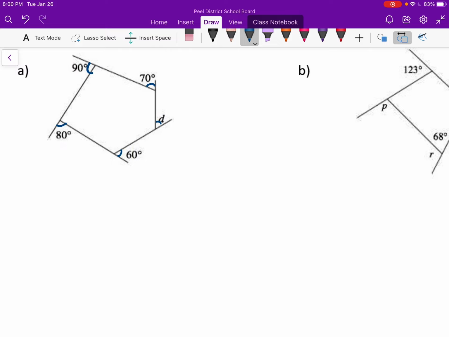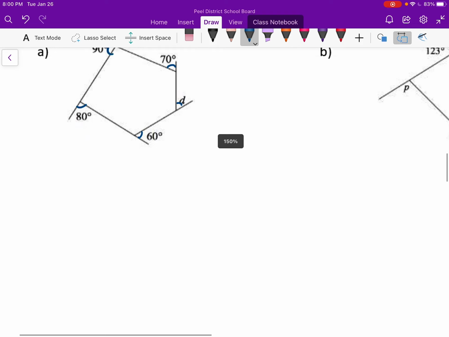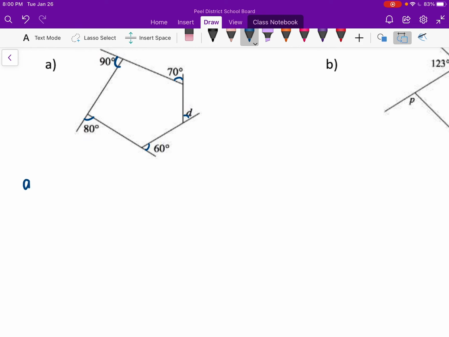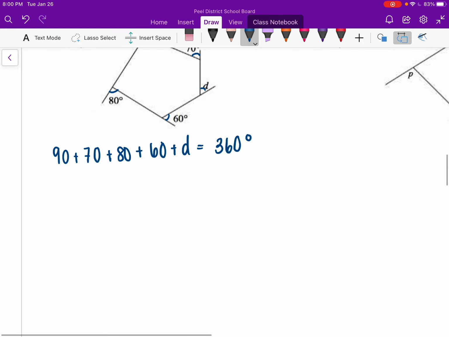Okay, so if I know that all of these are equal to 360 degrees, I'm going to add everything together. So I'm going to do 90 plus 70 plus 80 plus 60 plus D is going to equal 360 degrees. And right now we don't really care about how many sides this thing has. They always in a polygon equal 360 degrees. So let's add up all of our numbers.